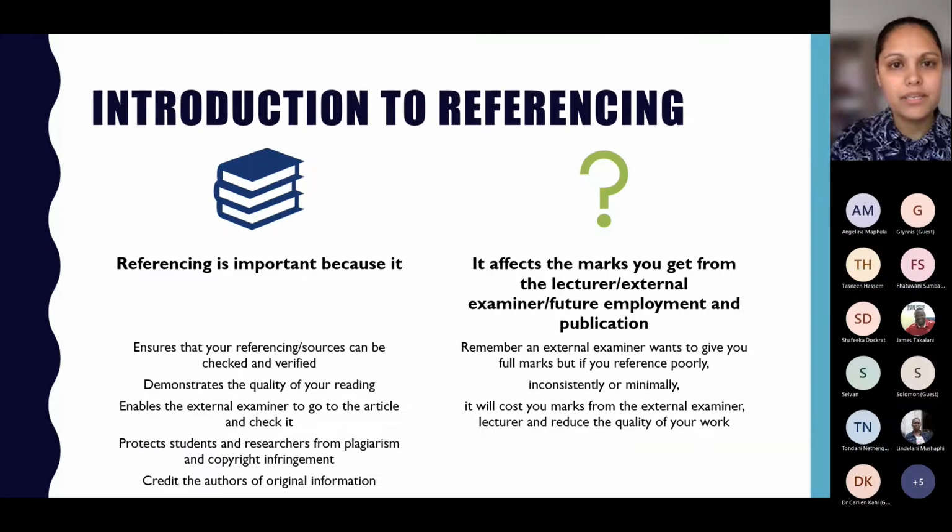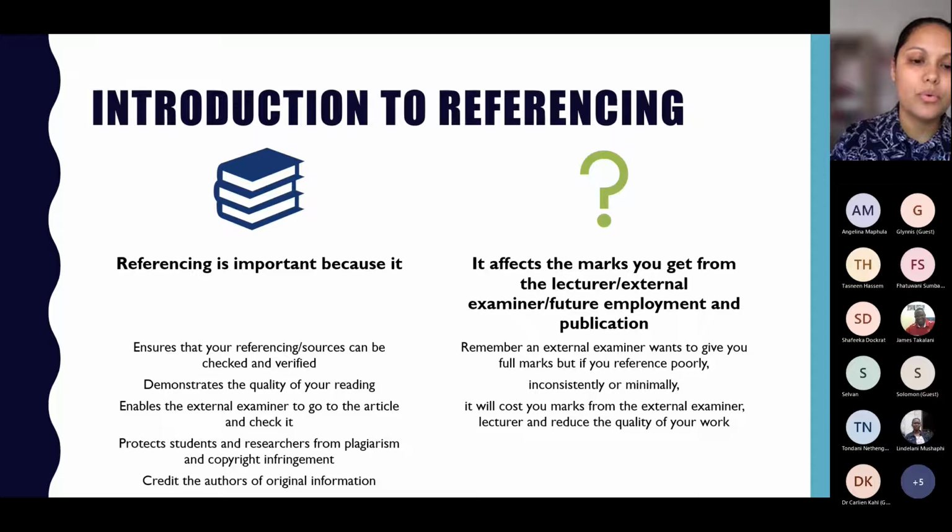Okay, so some important information. Why is referencing important? Referencing is important because it ensures that your references or sources can be checked or verified, as I mentioned in the definition. It demonstrates the quality of your reading. It enables external examiners to check the article that you are referencing, and it protects you as a student and those that are researchers from copyright infringement.